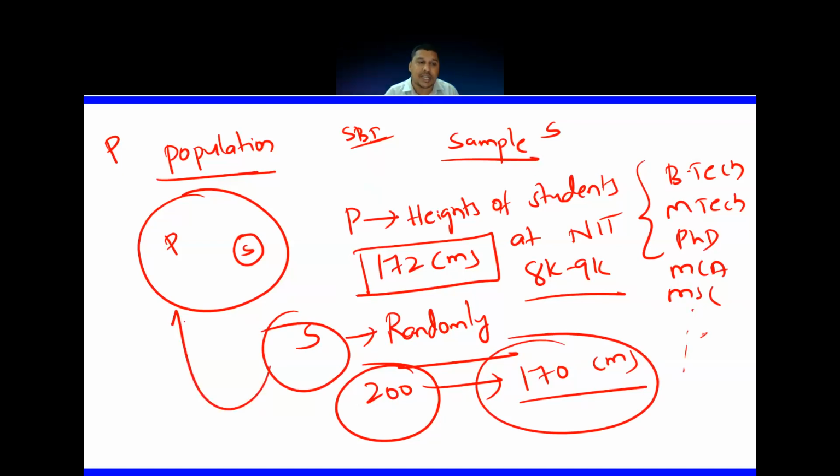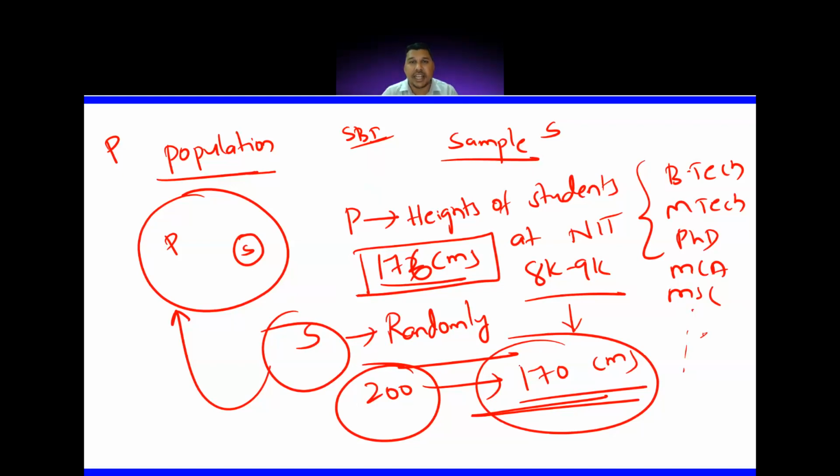Using this sample information, we try to make comments on the population information. So we give statements about the population, saying that the average height of students of NIT Trichy, all students, can be somewhere near 170 centimeters. How did you get this 170? By selecting only a small sample. So this may not be exactly true. If I really calculate the height of every student, I may get 172, or maybe let me take 176, but by choosing a small sample I got 170.